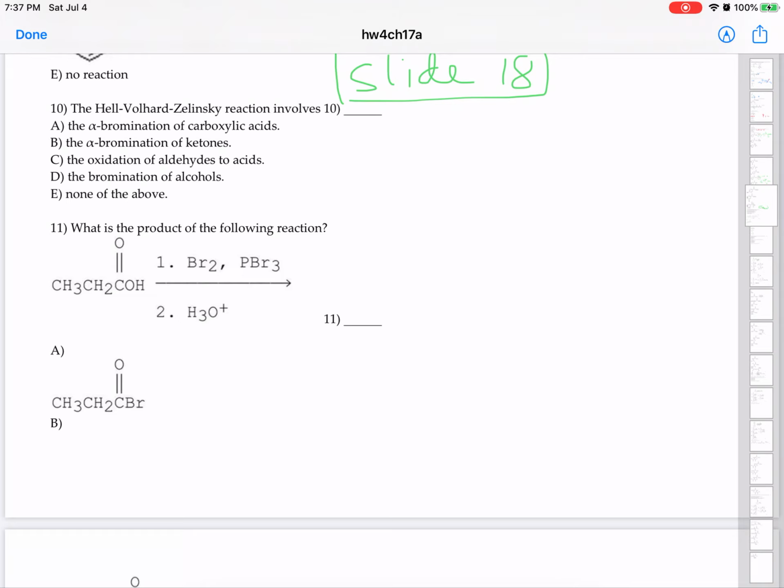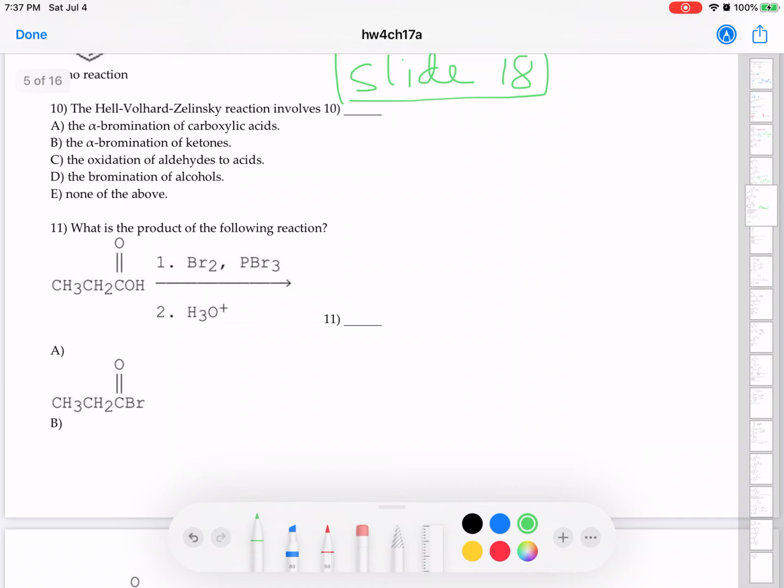So you will again halogenate the alpha carbon, replacing the alpha hydrogen. So it is also a similar mechanism. Again, this is on about the same slides, 17, 18, 19. So you can refer to this one with the steps, slide 19.